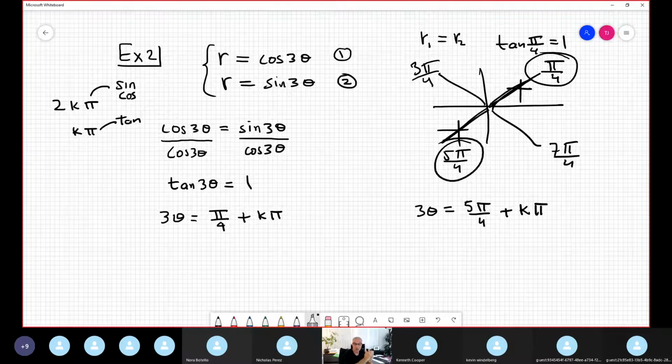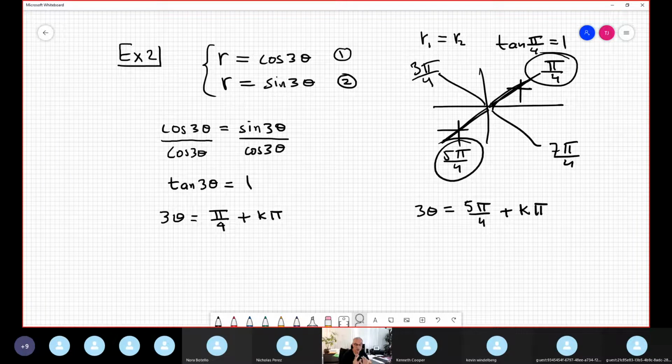And I know that we have multiple solutions. To investigate these multiple solutions, you put k pi or 2k pi, depending on whether it is sine or cosine or tan. Do you understand the idea? It's important that you understand this idea. If you understand, I continue. If you don't understand, I repeat in another way.